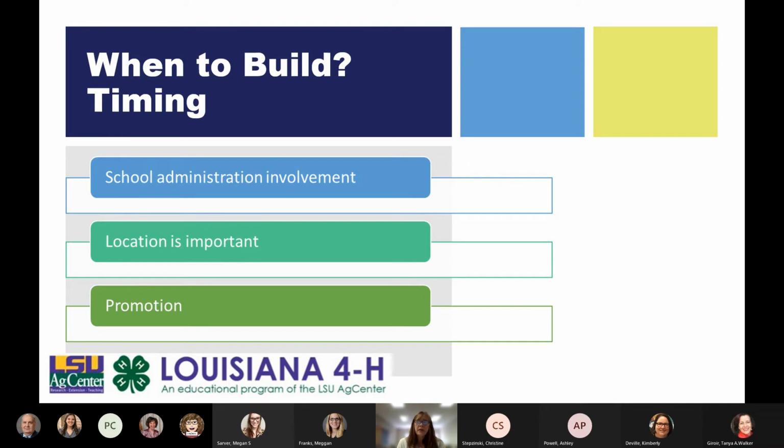That's where we came up with our date. We did have it in October according to the school system, and the leaders came back and said, we really need it earlier than that. Could we have it in September? So we went to the school system and said, your leaders are asking for it to be held in September, and they gave us a September date rather than October. You kind of have to work with everyone involved. School administration is very important when you're dealing with school leaders as volunteers.